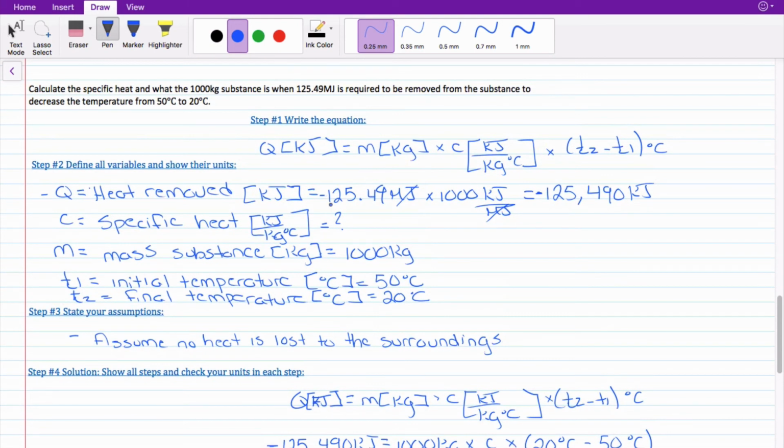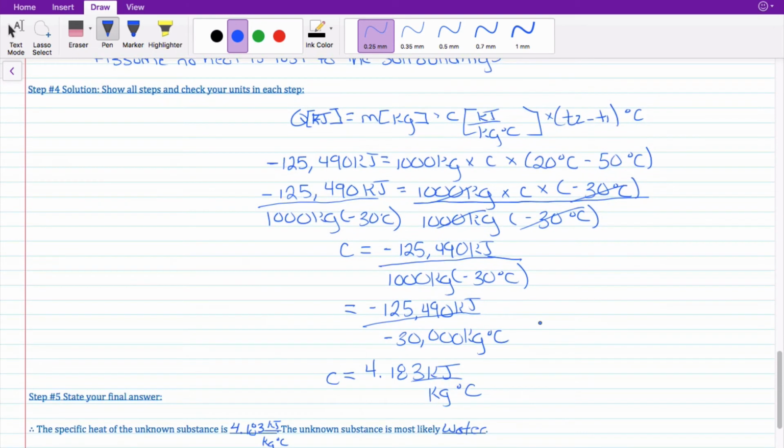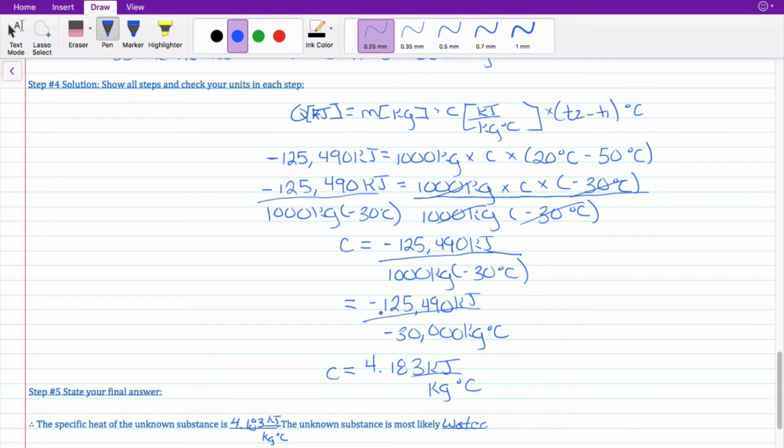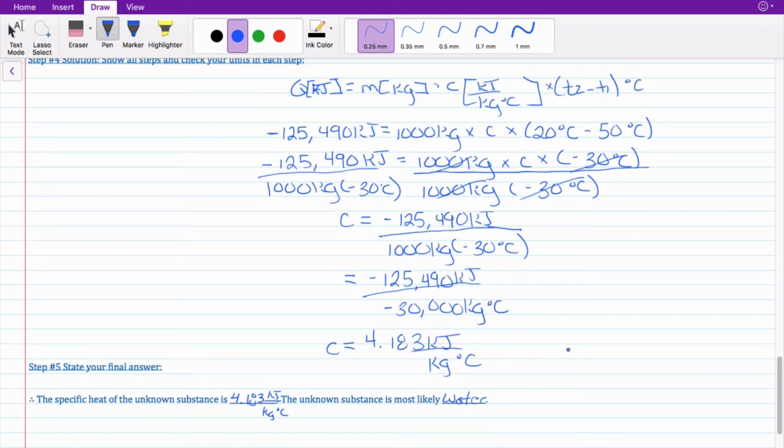The other one that I commonly see is they do have the negative there because the heat's removed, but they'll lose it somewhere in the equation. They might put 50 minus 20, and then they'll have negative 125,490 and positive 30,000 kilograms per Celsius, and they'll get a negative specific heat. Not that it makes a huge difference. You had all the steps correct, so you'd still get the majority of your marks, but that is a mistake I'm seeing people make.